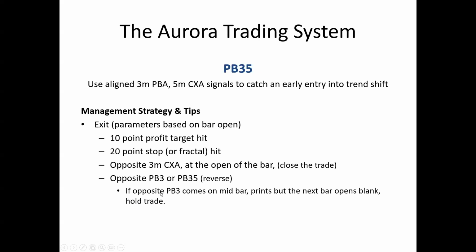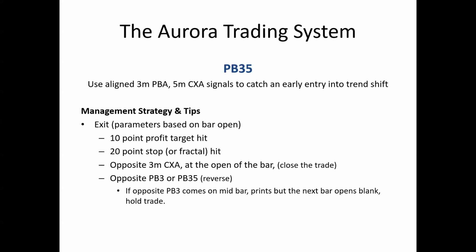If you have a blank 3-minute PBA at the open of a bar, and when that 3-minute PBA comes on blank, there is a blank CXA on the 5-minute, you're going to close the trade.